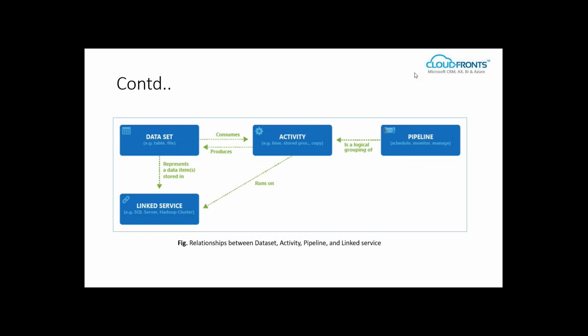So these are the concepts: data set, activity, pipeline, and linked services. Linked services link different services, your source and your sink, your pipeline manages the logical grouping of all your activities, and the data set holds your data for the source and the destination.